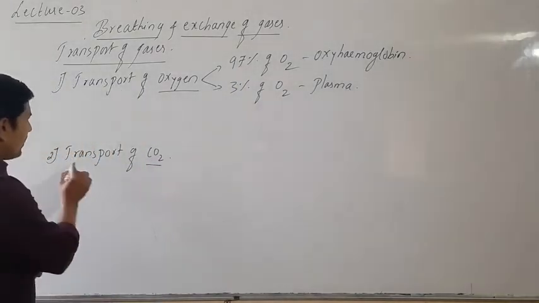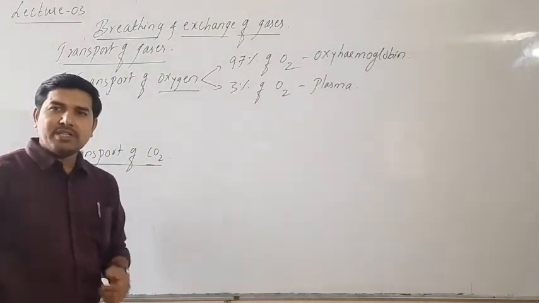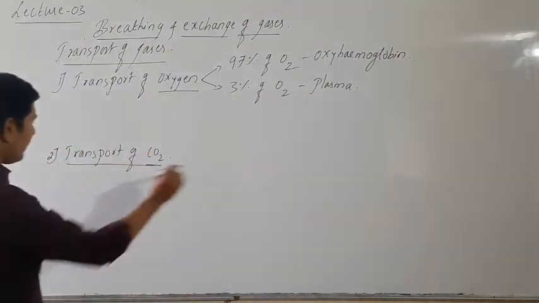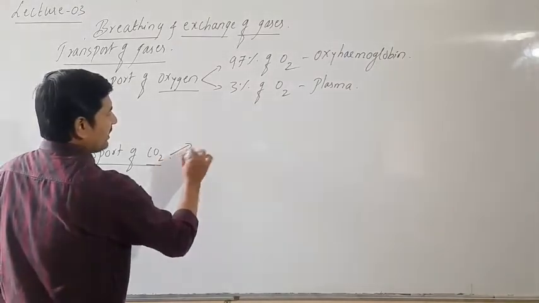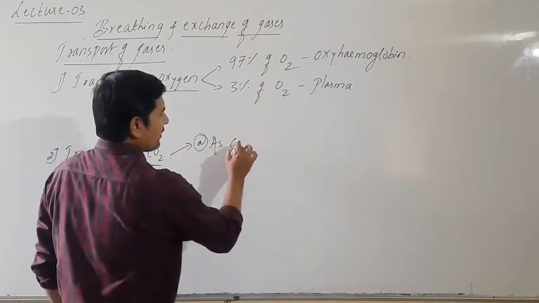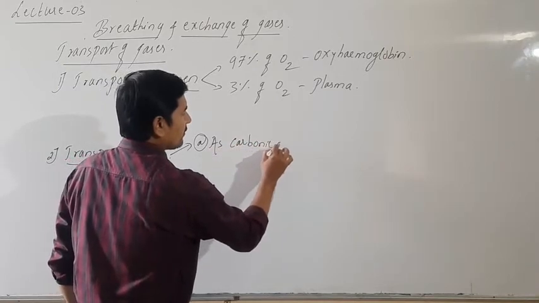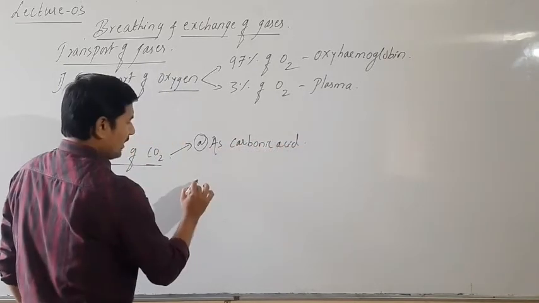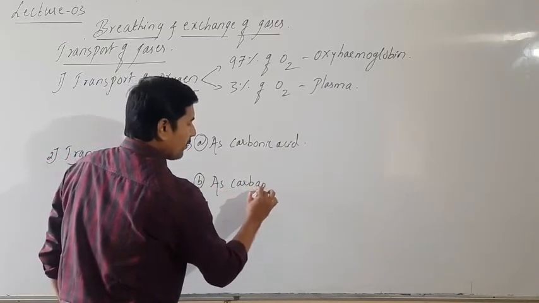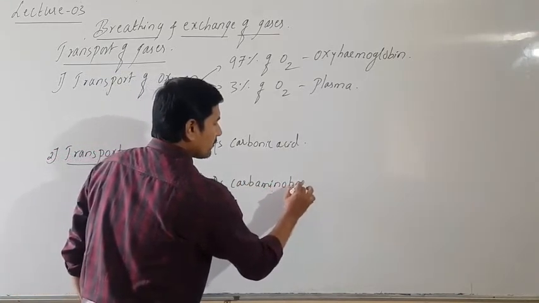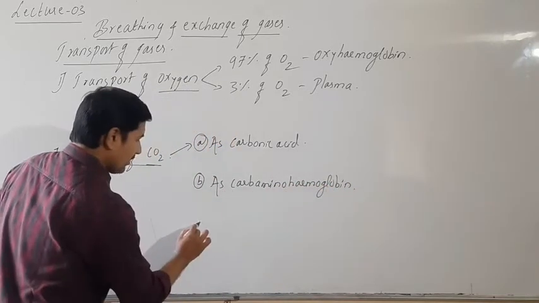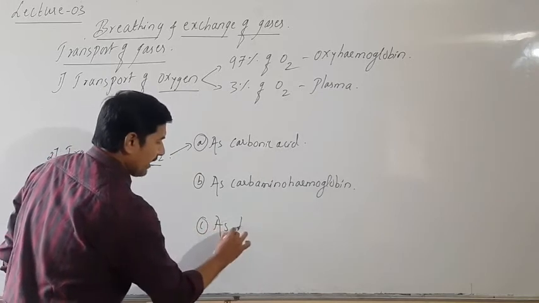Now let us go to transport of CO2. CO2 is transported majorly in three forms. The first form is as carbonic acid. The second form is as carbamino hemoglobin, and the third form is as bicarbonates.